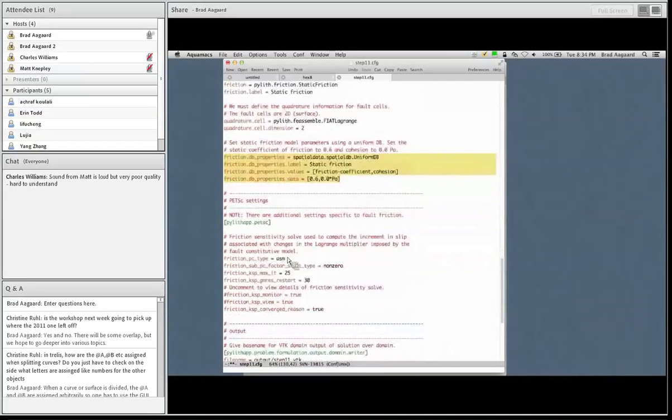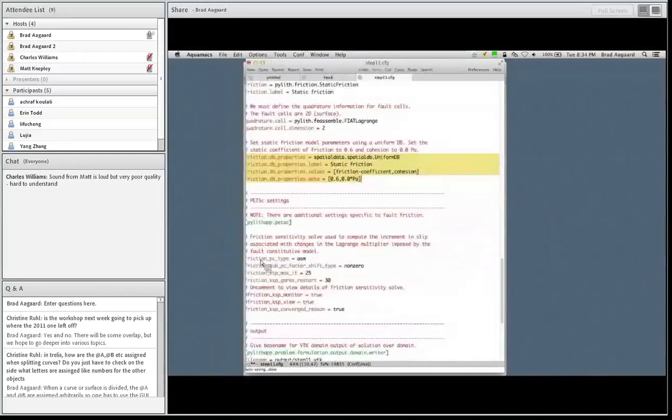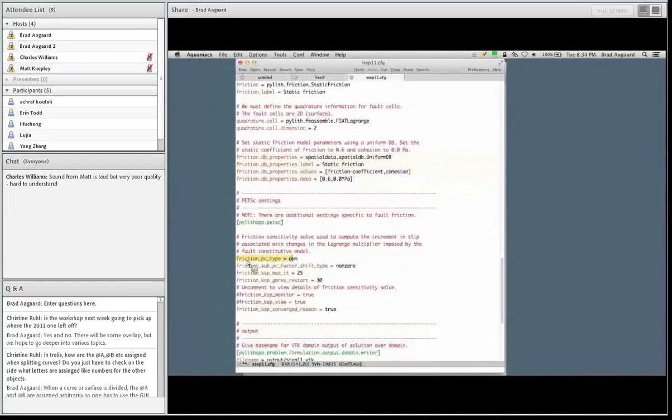Here are my PETSc parameters. So here's my friction sensitivity solve. Sorry, grab the window rather than the. And so I'm told a max iteration of 25. You want to make sure, if you're doing a friction simulation, especially with a large fault, that your linear solve for this update of your slip for a given perturbation in your tractions converges, because if that doesn't converge, then you're definitely not going to converge for your friction model, or for your nonlinear solve.